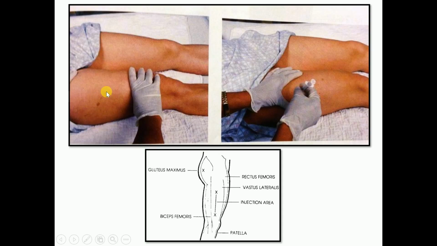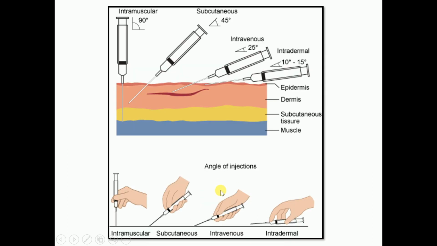This diagram shows the vastus lateralis location. This one is the injection area. Here are the biceps femoris, vastus lateralis and rectus femoris. So the injection can be given here, particularly in young children. This is the site of the intramuscular injection that makes about a 90 degree angle.